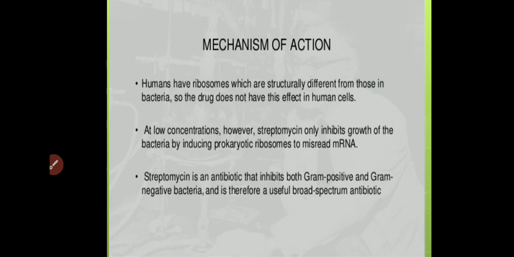Broad spectrum antibiotics are those which can be used to inhibit the growth of two or more organisms. As streptomycin has the ability to kill or inhibit the growth of gram positive and gram negative bacteria, it is known as a broad spectrum antibiotic.